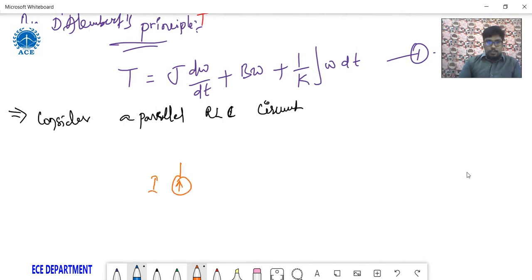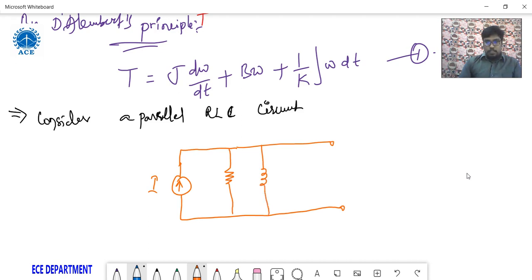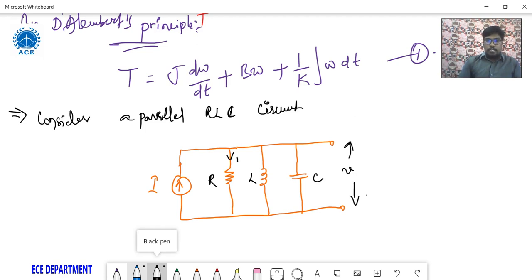So this is I of t, or I. This is resistance, this is inductance, and this one will be the capacitance. So here is the RLC network, and the entering currents I am considering here are I1, I2 and I3.